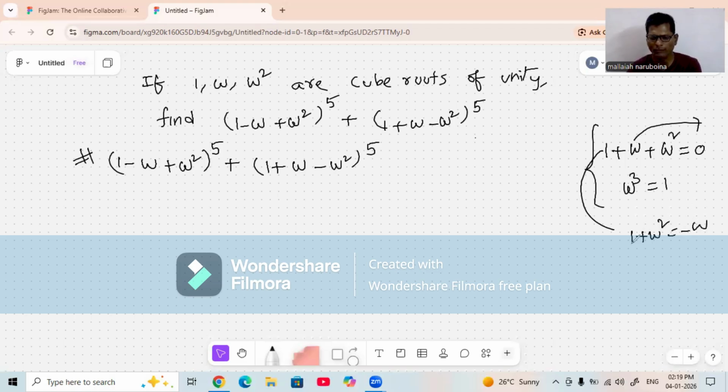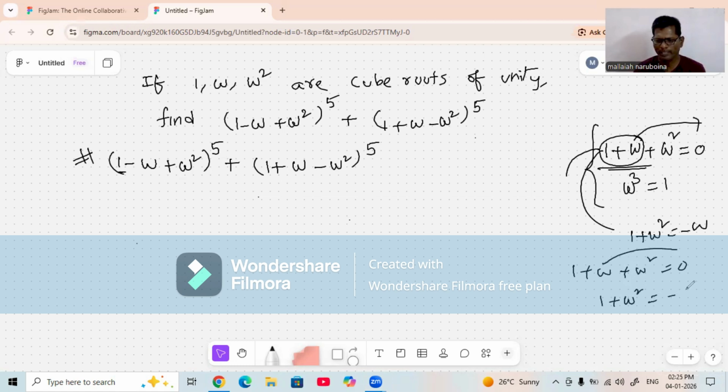So in the place of 1 plus omega square, we write minus omega.